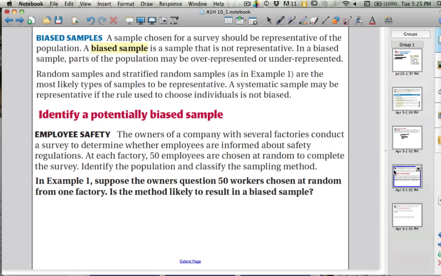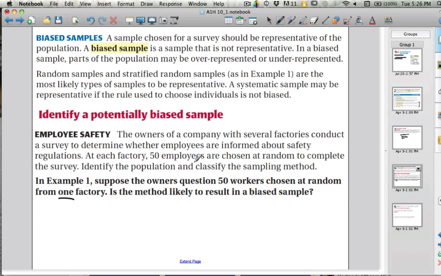If we change that just a little bit, and instead we just question 50 workers chosen at random from one factory, this is likely to result in a biased sample, because there's nothing to say that those members of that one factory represent the views of the workers at the other factories.